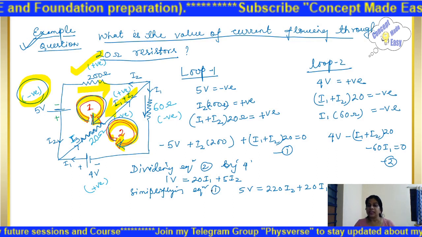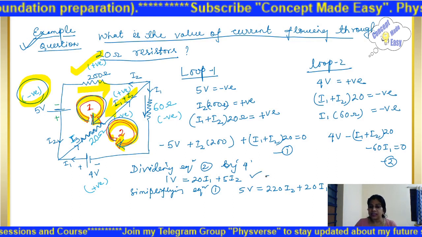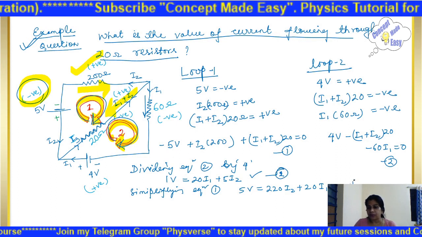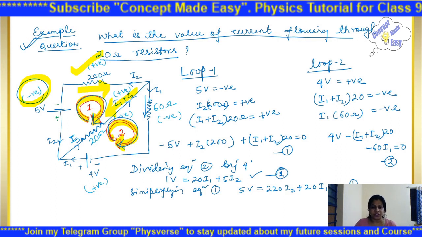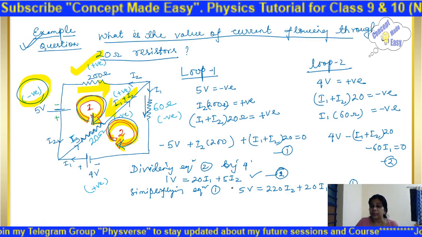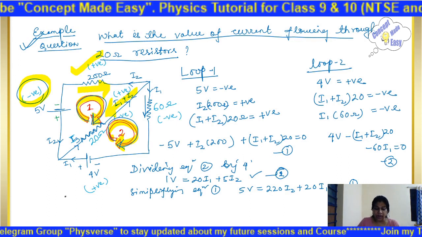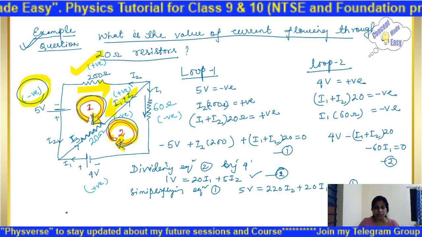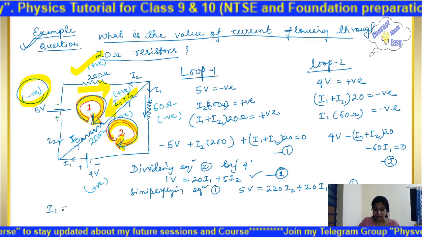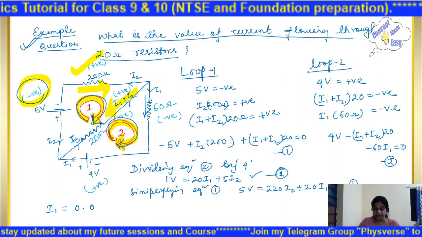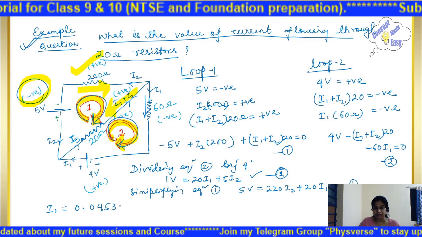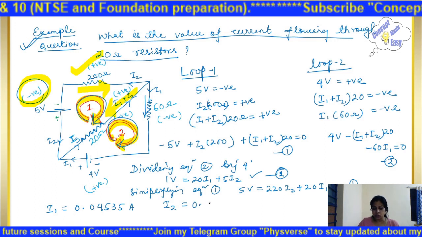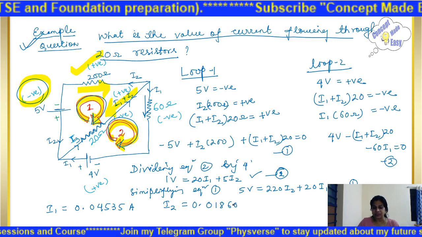This is my equation 2 now, and this is my equation 1 after simplification. Then after simple mathematical manipulation, you will get the I1 value as 0.04535 ampere and the I2 value as 0.01860 ampere.